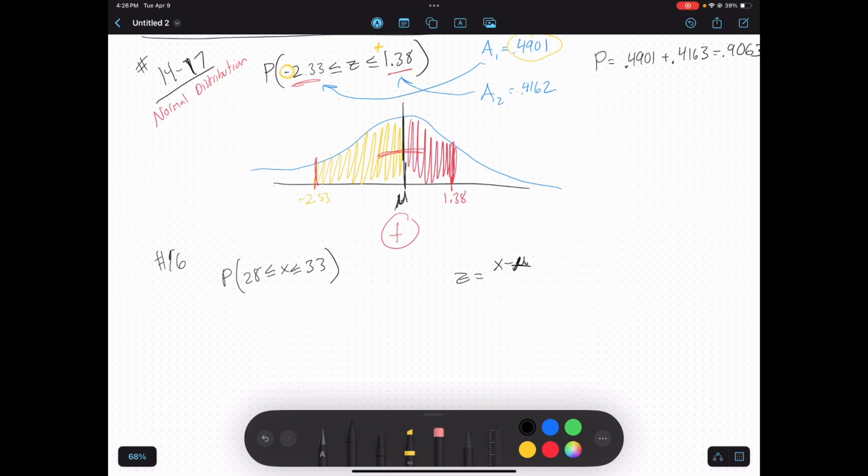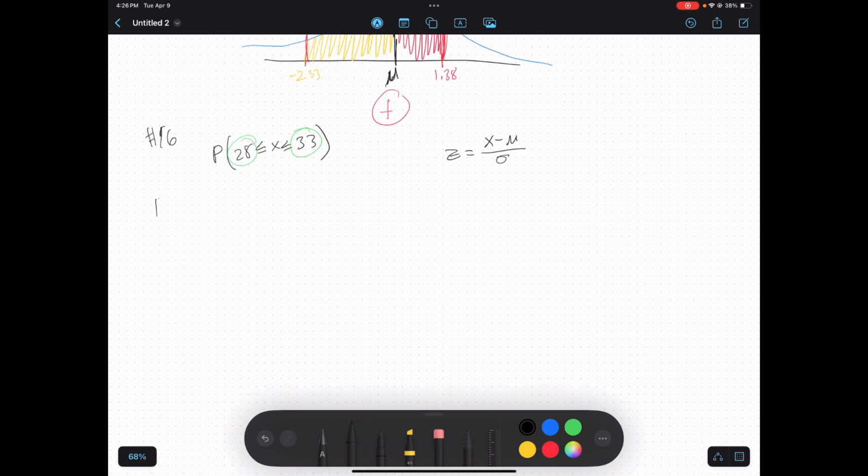When I say x, I'm talking about these values. You do your number minus your average, divided by your standard deviation. And that'll give you the z-score. Once you have those z-scores, find your areas, and then just decide whether to add them or subtract them. Number 15, I skipped over this one, but just because this one might trip you up.